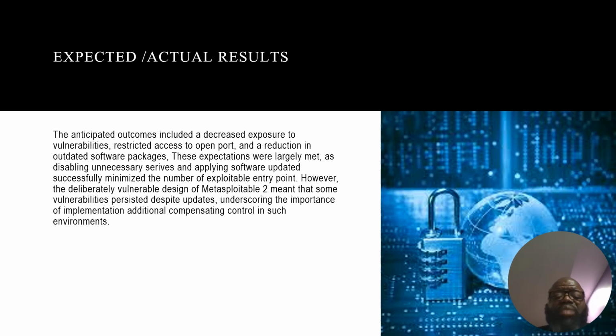Expected and actual results. The anticipated outcomes included decreased exposure to vulnerabilities, restricted access to open ports, and a reduction in outdated software packages. These expectations were largely met, as disabling unnecessary services and applying software updates helped.